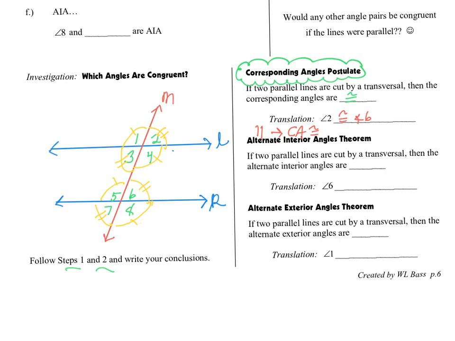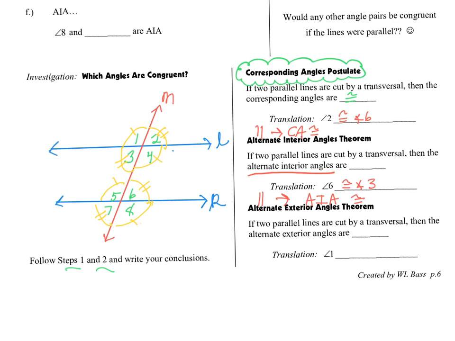We could also see that if we look at our alternate interior angles, that would be angle 6 and angle 3, that angle 6 is congruent to angle 3. Parallel lines imply that alternate interior angles are congruent. That's a theorem. We can prove that theorem.